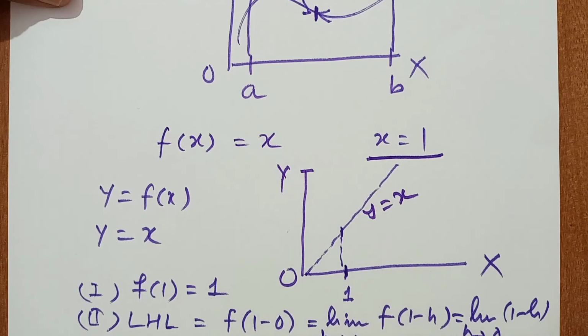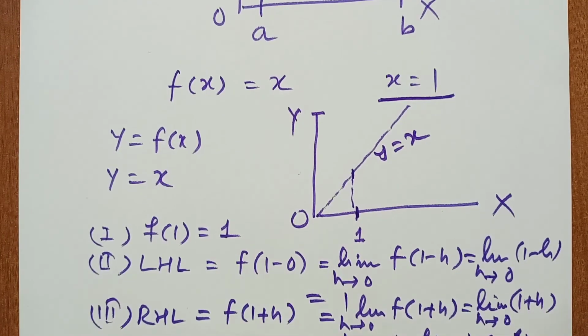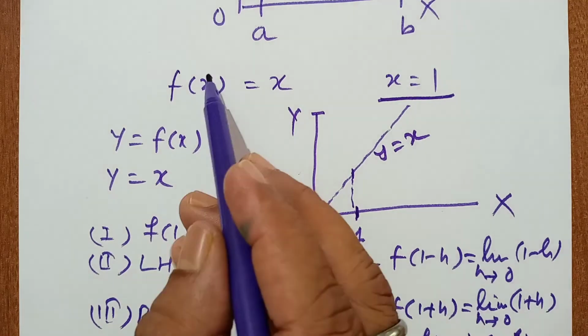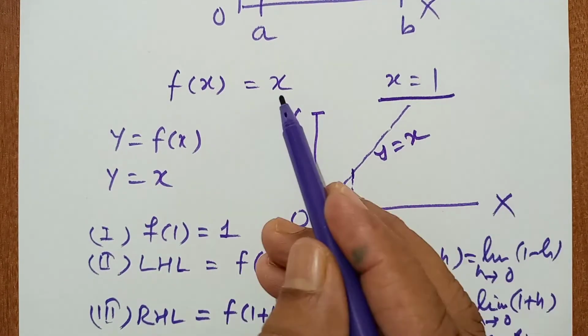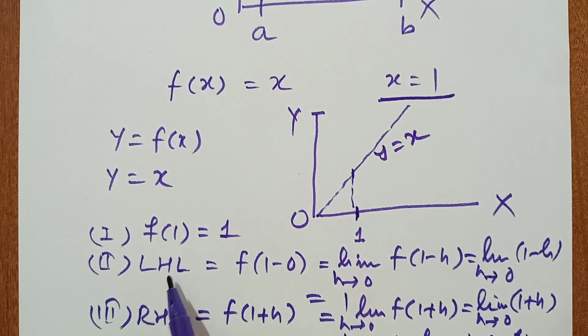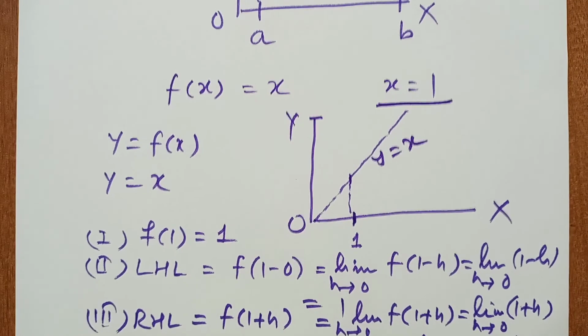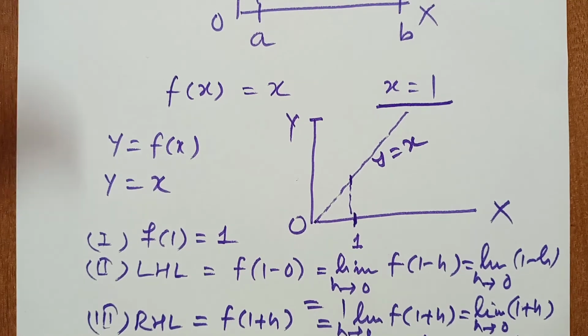First we calculate the value of the function at x is equal to 1. So here f of 1 is equal to 1 by definition. Now the left hand limit, f of 1 minus 0. This is very easy. Similarly, the right hand limit, which is 1. So in this case all the values are the same, therefore the function is continuous at x is equal to 1.